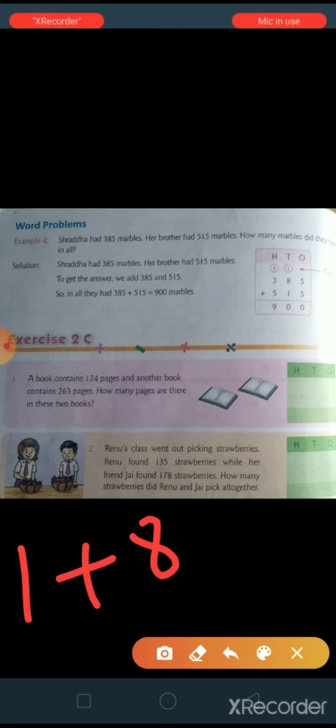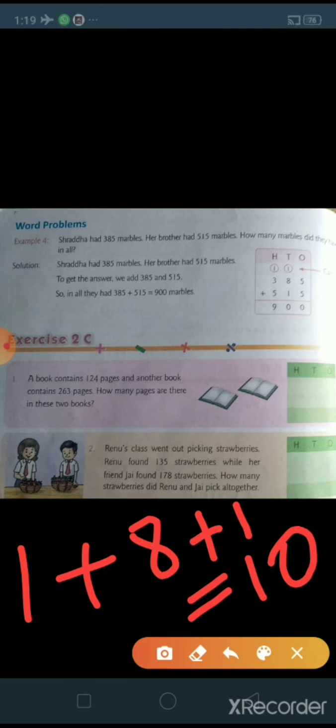Then we add the digits placed in the column of tens, with the one which is carried over: 1 plus 8 plus 1. 1 plus 8 is equal to 9 and 9 plus 1 is equal to 10.